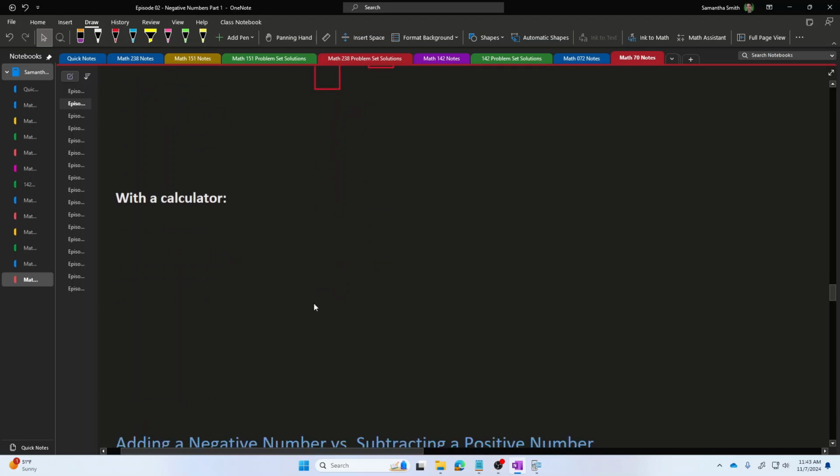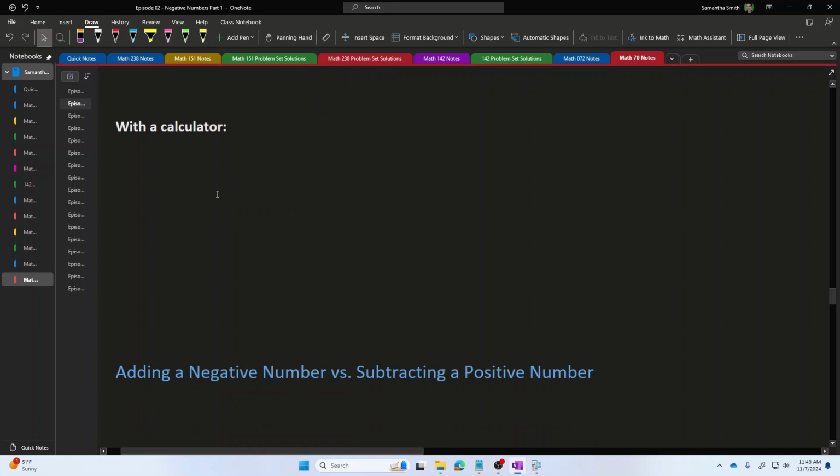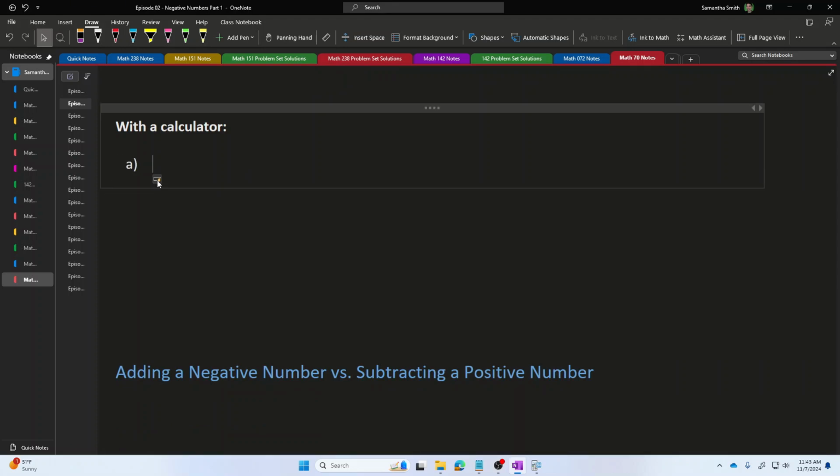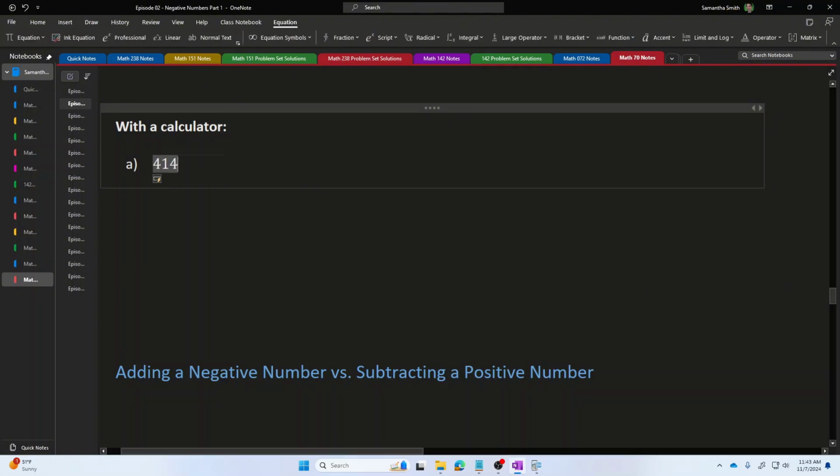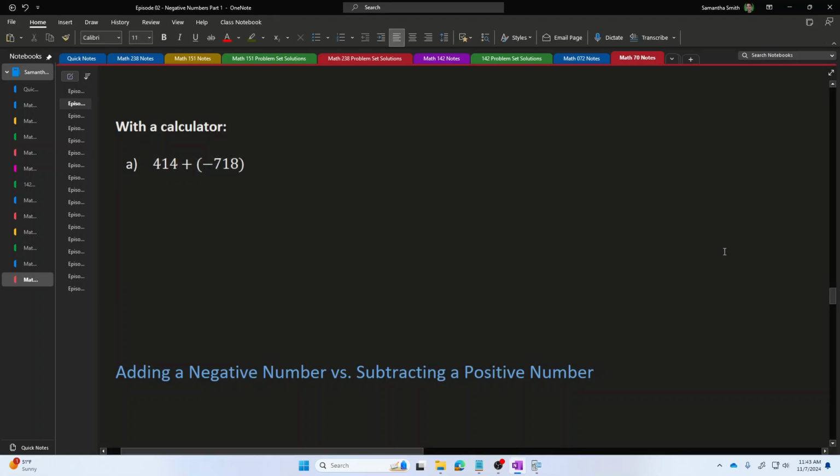Now, if you're dealing with really large numbers, it can also be nice to use a calculator to calculate these additions. So for example, suppose someone asked me to calculate the sum of 414 and negative 718. In this situation, I expect that I'm going to get a negative result from this, right?